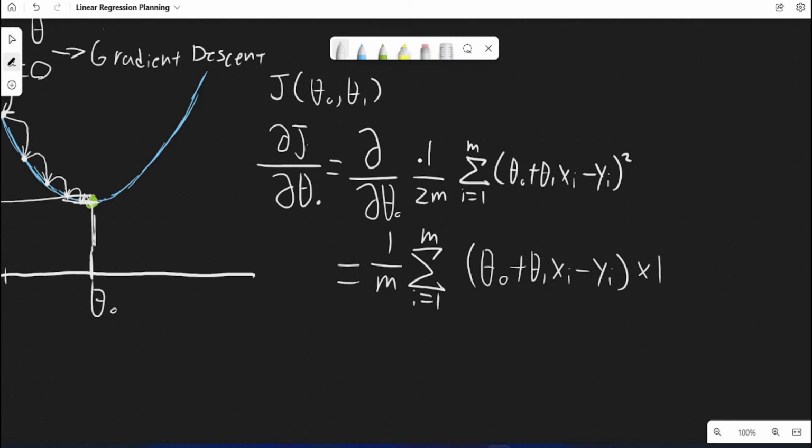Then we do something called step size. How do we get a better theta 0 value? We take the old theta 0 value, and then we use gradient descent: we multiply something called the learning rate by what we just wrote, the partial derivative.